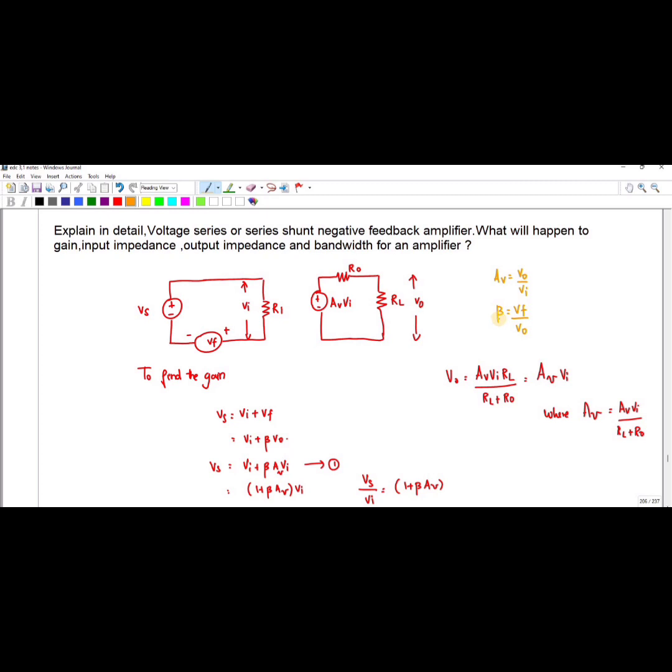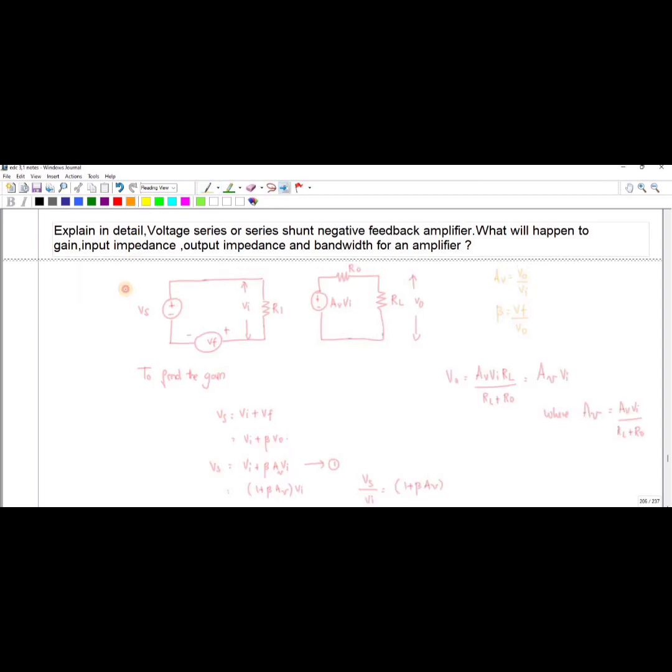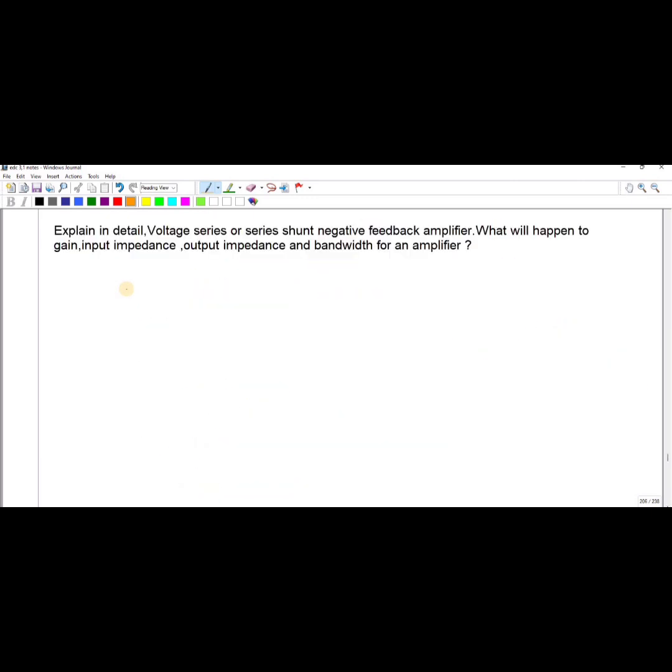So the equivalent circuit of the voltage series feedback amplifier looks like this. You have an amplifier and a voltage supply Vs. Since it is series, you have to connect like this, and this is your beta.